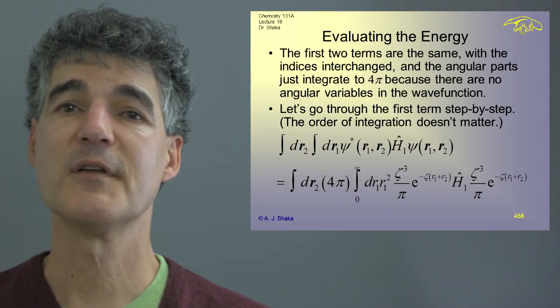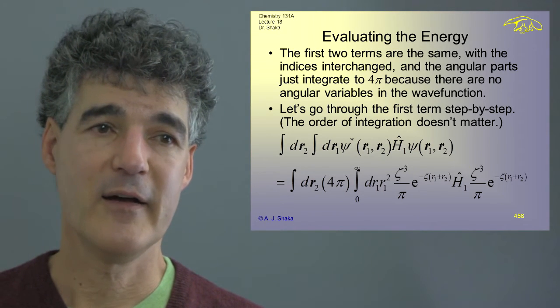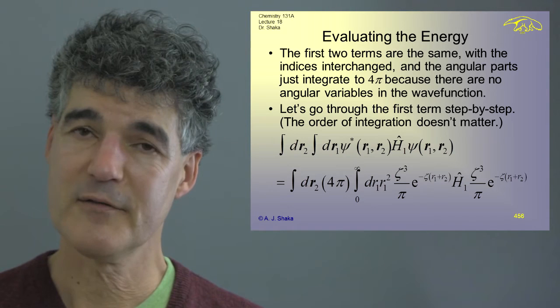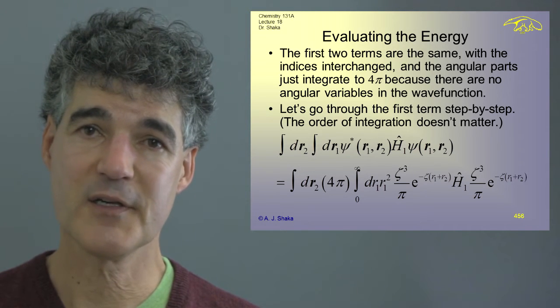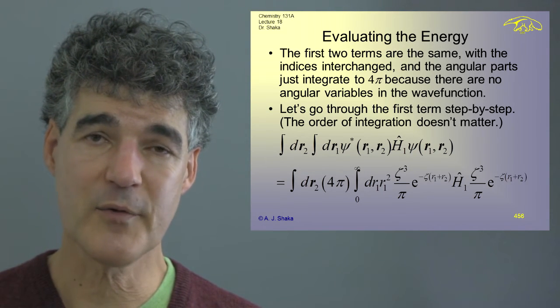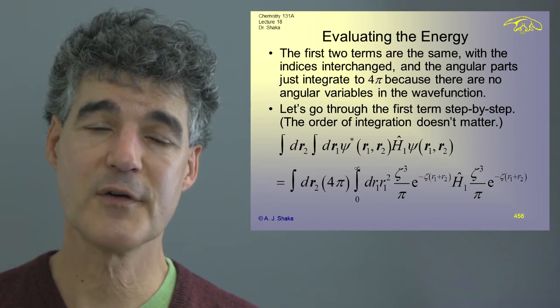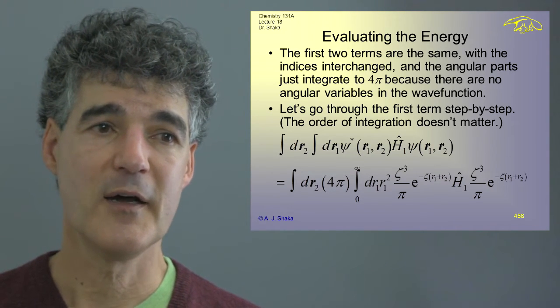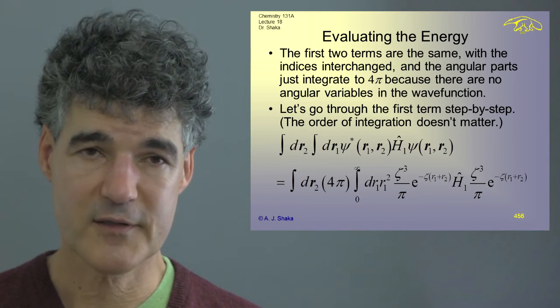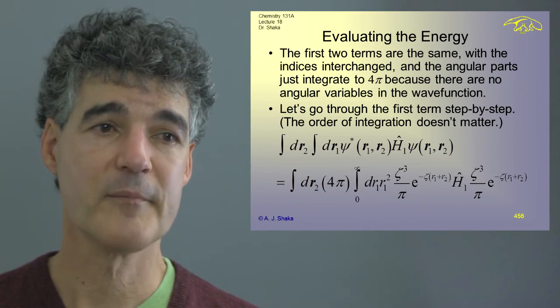The first two terms are the same, and the angular parts integrate to 4 pi in each case because there's no angular dependence in the wave function, and therefore all we have to do in either of the first two terms is do the radial part.